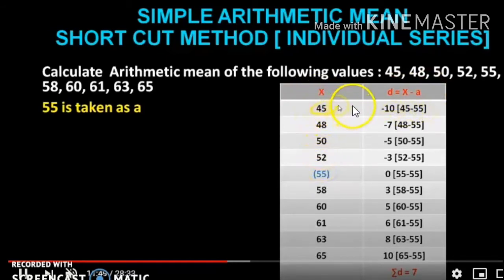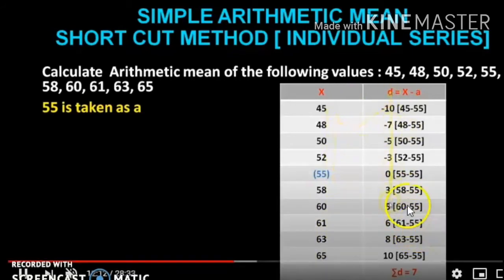So 45 minus 55 gives minus 10, next 48 minus 55 is minus 7, 50 minus 55 is minus 5, 52 minus 55 is minus 3, 55 minus 55 is 0, 58 minus 55 is 3, and 5 is got by 60 minus 55.